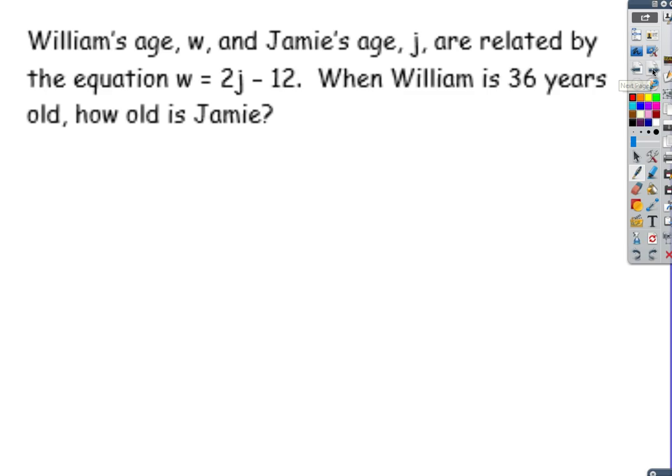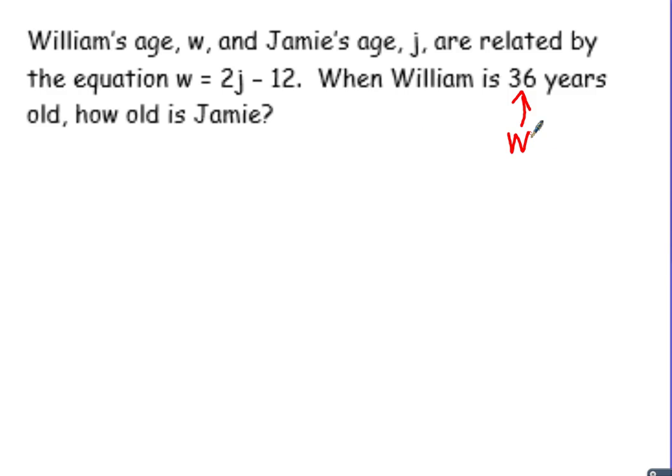The next problem says William's age W and Jamie's age J are related by the equation W equals 2J minus 12. When William is 36 years old, how old is Jamie? So we have to substitute in for W a 36 and solve for J. So 36 equals 2J minus 12.